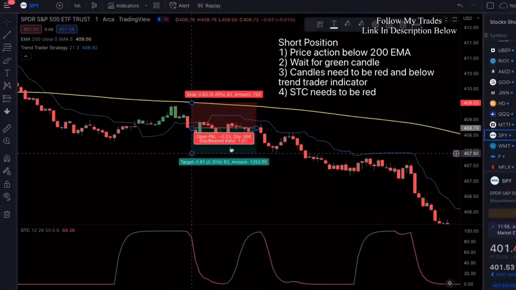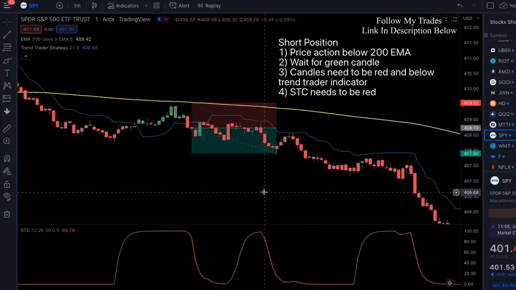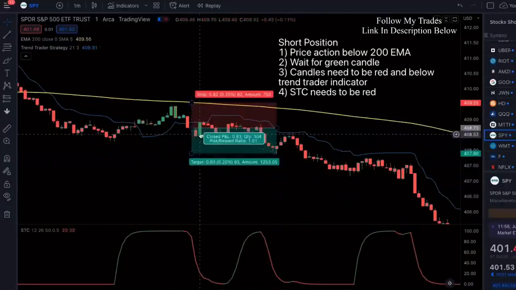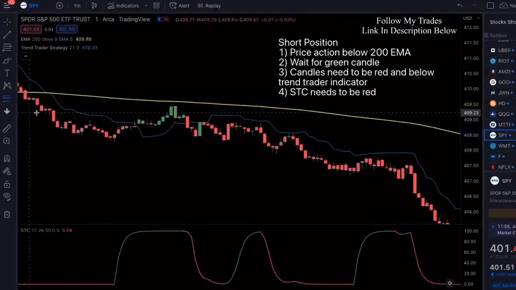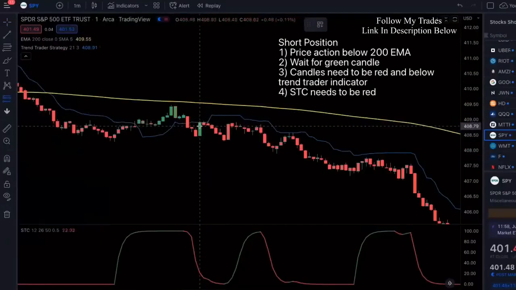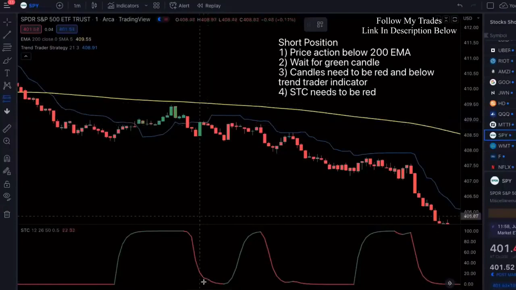All right, 1.01 is fine. All right, so this would have hit take profit right there, right? If you missed out by a couple of minutes and this turned green again, this still qualifies right here, because now you saw a green candle come up, a red candle again, price action is below the 200 EMA, it is below the trend trader indicator, and STC is still red.